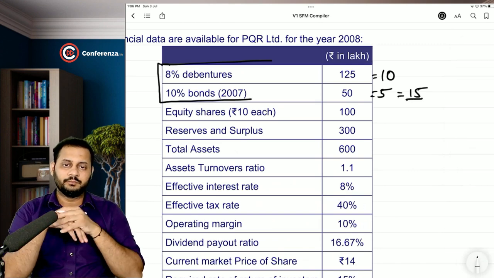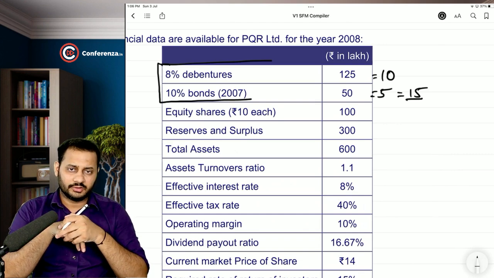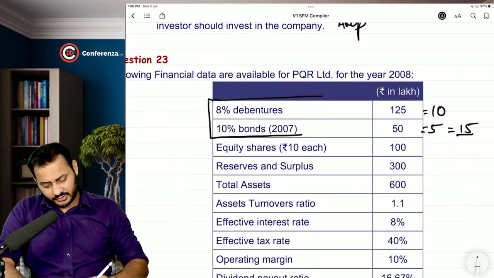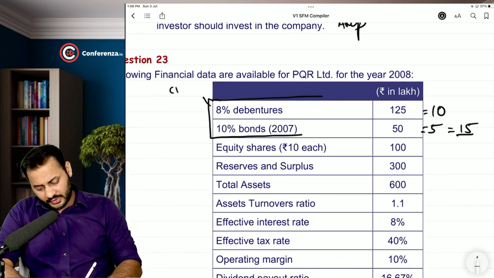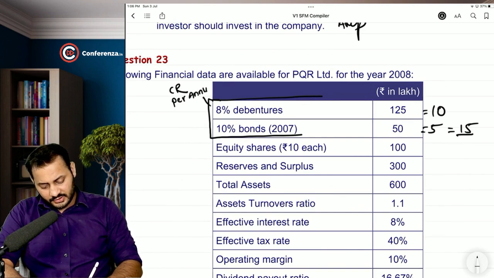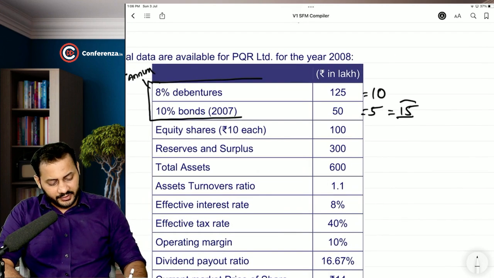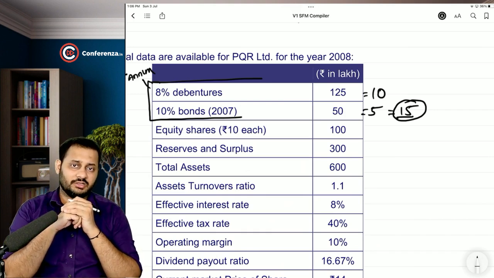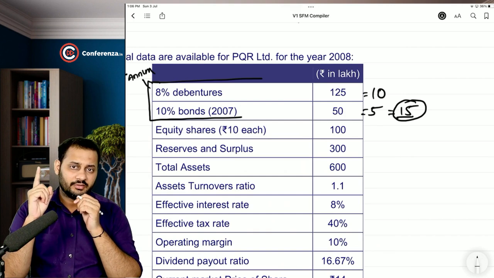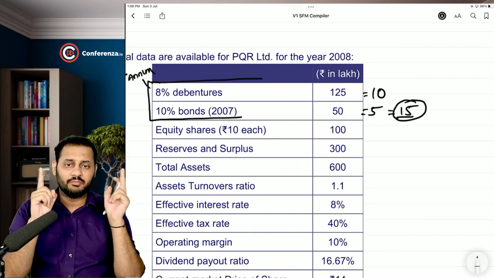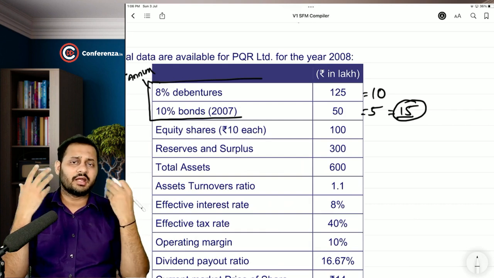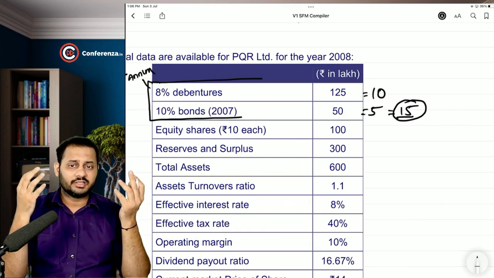But don't you think this 8% and 10% first of all represents the coupon rate, and it is on a per annum basis? It means we should be paying the interest for the entire year only if we have raised the bonds on the first day of the year and have held the bond for the entire year.